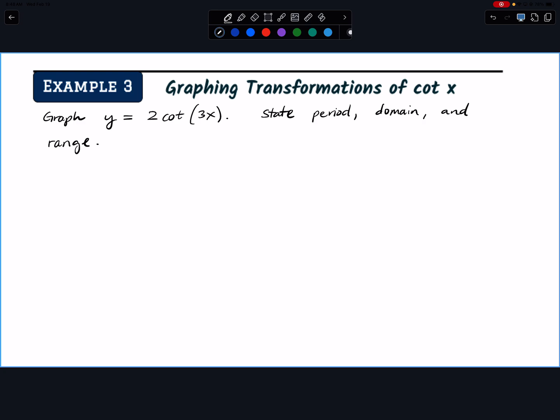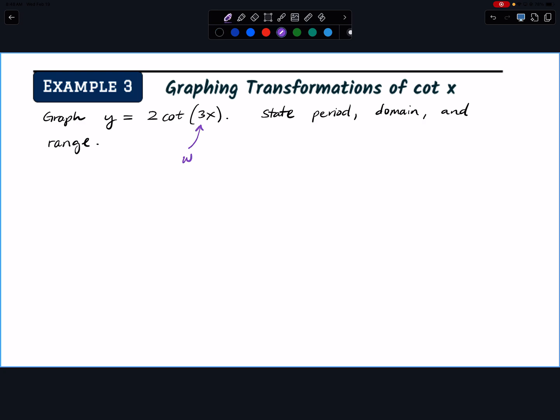I see some nods and I see some scared stares. Yes, the period's going to change. The way that you know that is there a number right in front of the x? Yes, if there's a multiplier right in front of the x, that means that it's going to change, okay? So this is our omega, okay? If this was a sine or cosine graph, do you guys agree this would be our amplitude? All this is in this graph though is just going to be a vertical stretch, right? So we'll deal with the two later, but our period's going to change, so let's figure out what it's going to be.